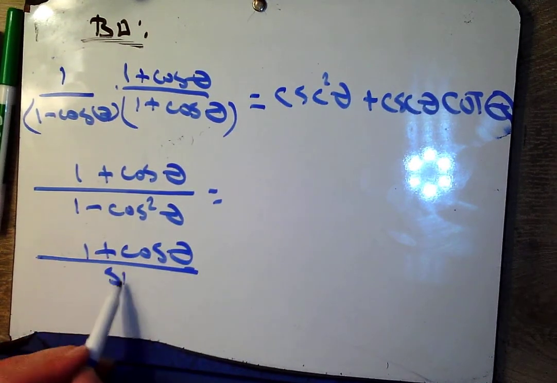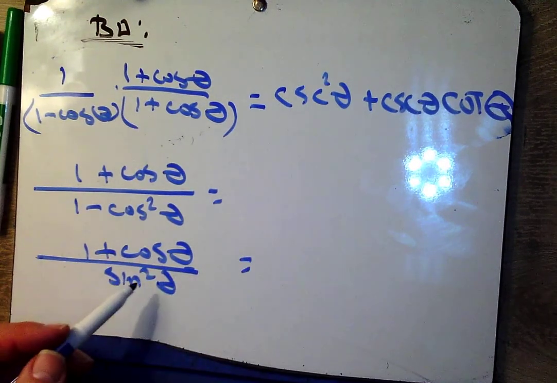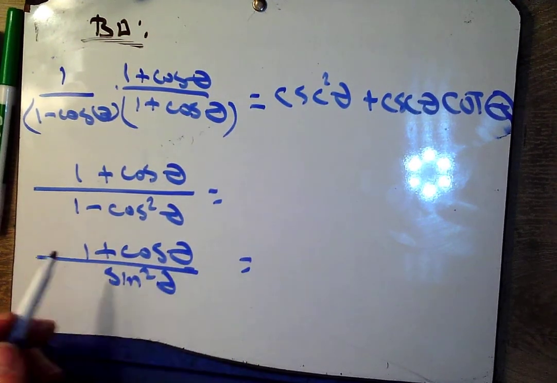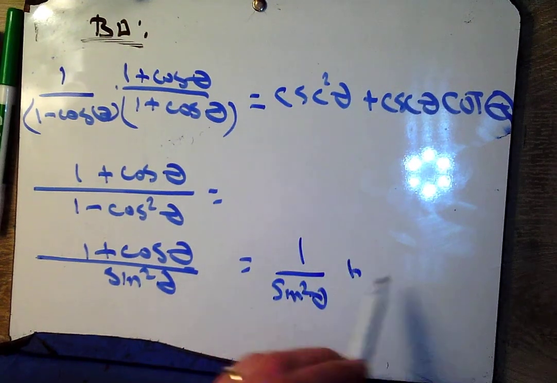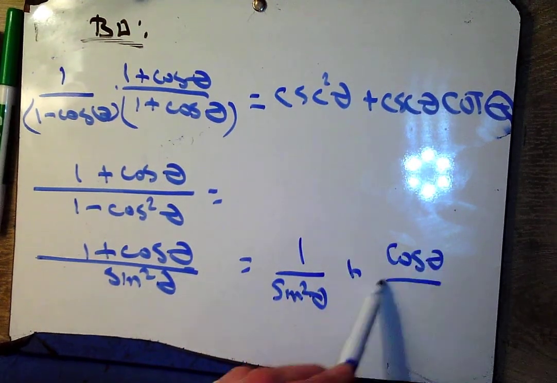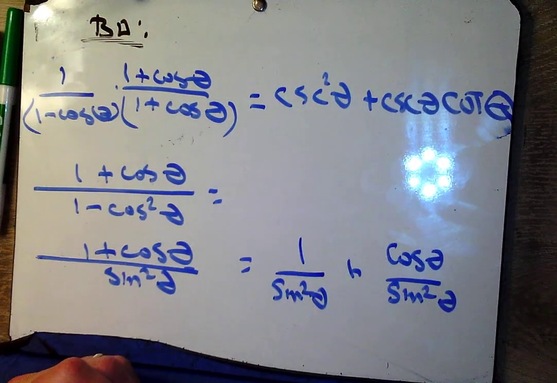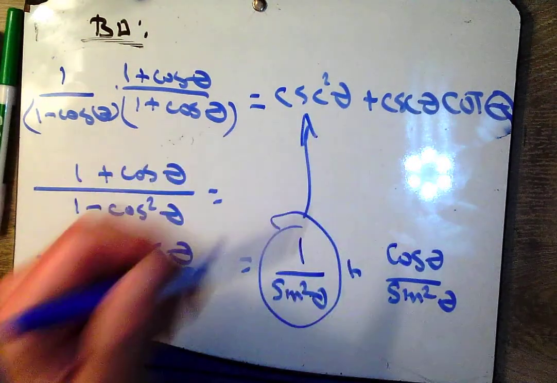I agree, that's sine squared. And so now we can split this up into two different fractions. One of those would be 1 over sine squared, and the other would be cosine over sine squared. See where we're going with this yet? Yep. What's that? Cosecant squared.